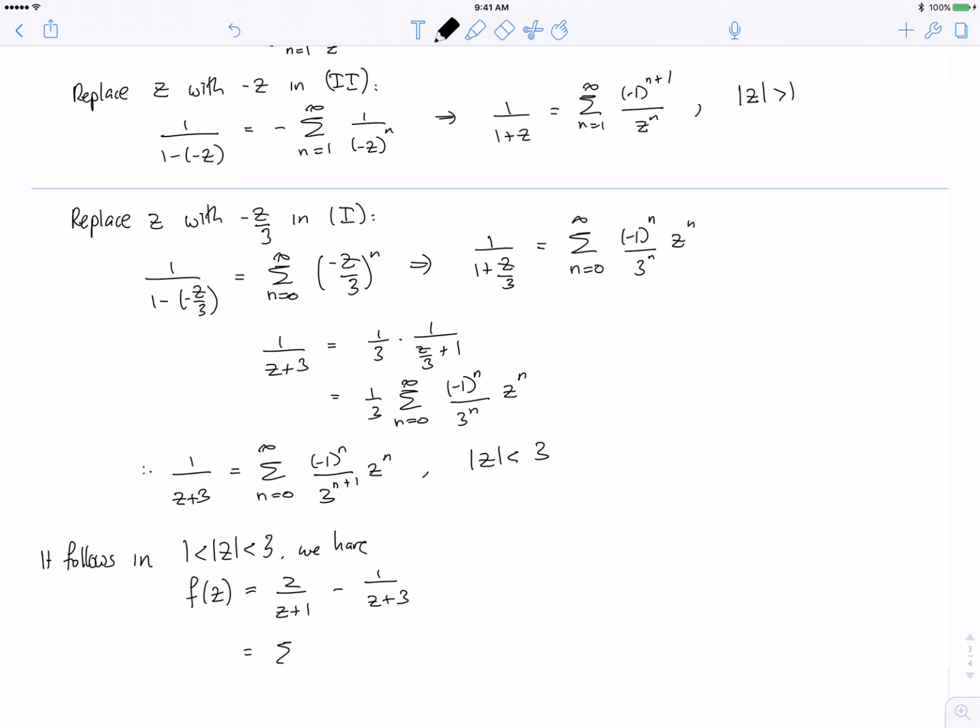So it's going to be sum from n equals 1 to infinity, 2 times negative 1 to the n plus 1 on z to the n. Right? Plus, actually it's going to be minus sum from n equals 0 to infinity of negative 1 to the n on 3 to the n plus 1, z to the n. And that's pretty much it. So that's my Laurent series when the modulus of z is between 1 and 3.